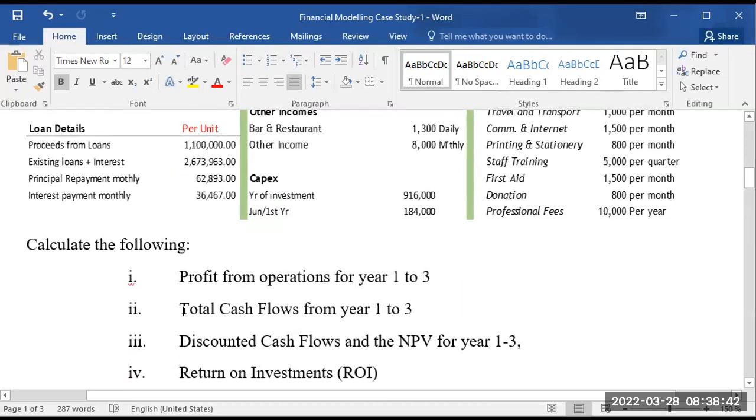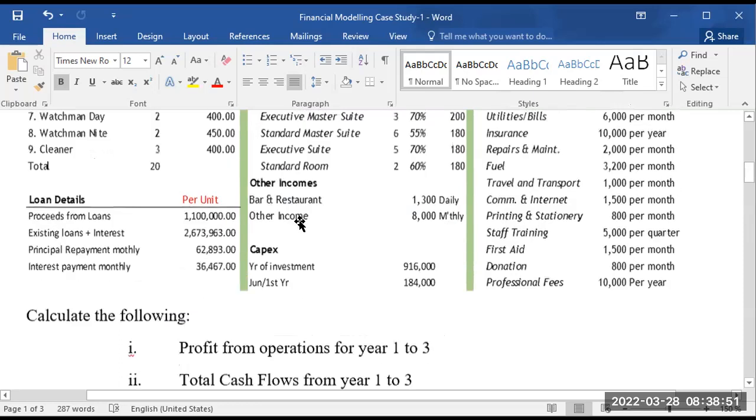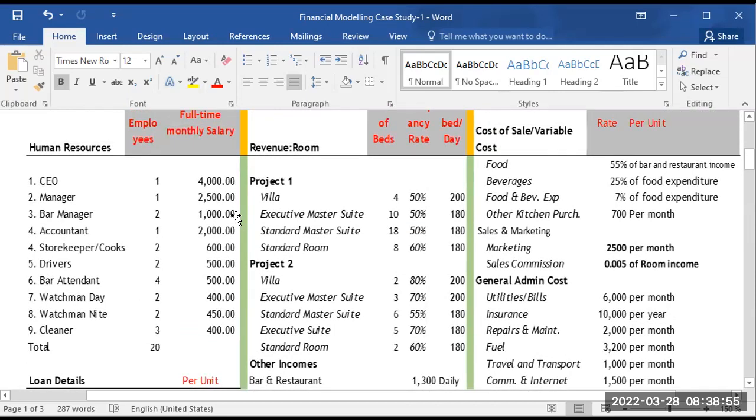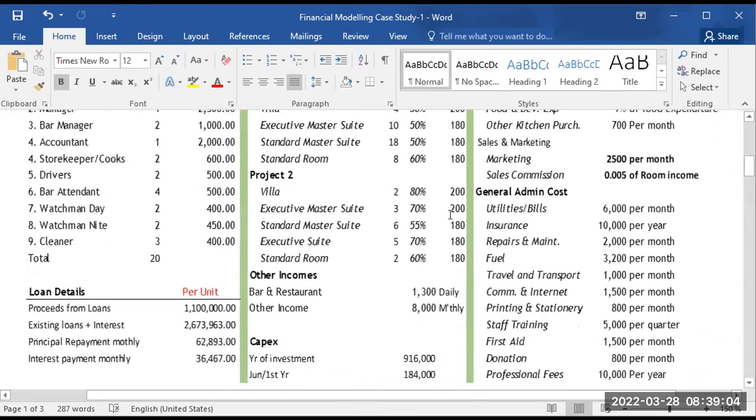And then you're also supposed to do the total cash flows from year 1 to year 3. You also need the spreadsheet to do that, because this will be a lot of work. If you're to do this manually, then I think you probably need a 40-leaf book to do all of these writings.